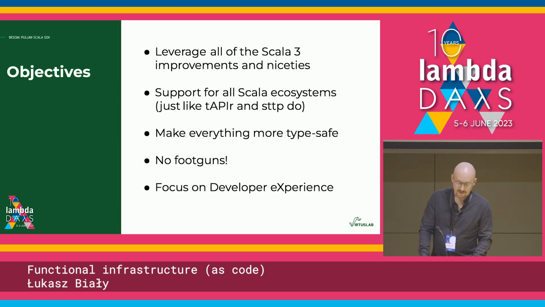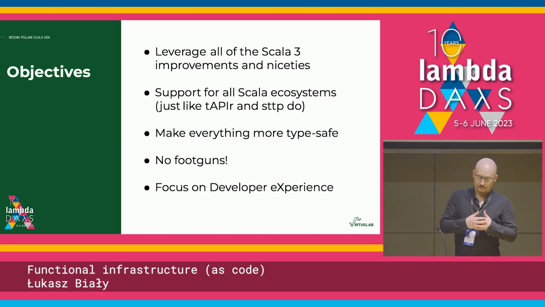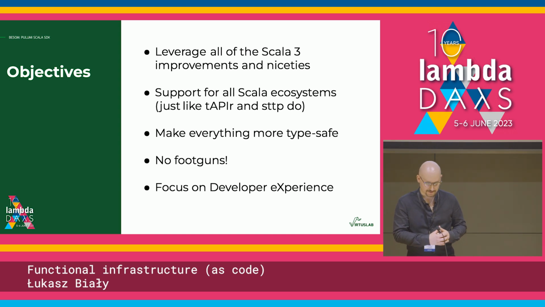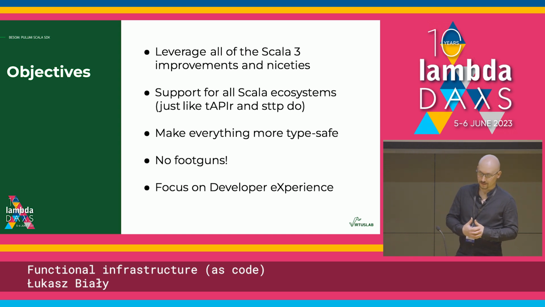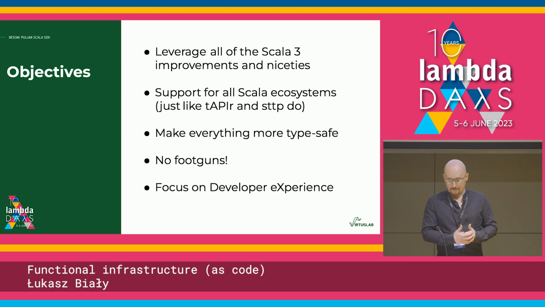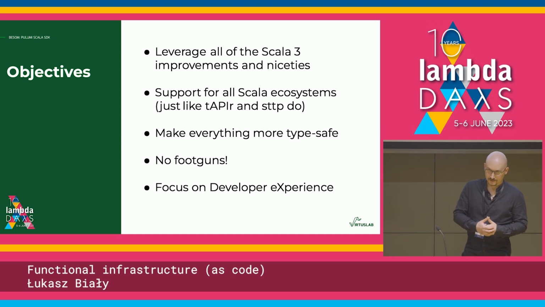What were the objectives of this project? What we wanted to do from the start. The first thing was that we wanted to use Scala 3, because there are lots of improvements and lots of nice features that we wanted to leverage, mostly metaprogramming, but we'll get to that. We also wanted to do what the Software Mill ecosystem does. So we wanted to support all of the Scala ecosystems, as Scala developers are picky, and you have to tend to all of their choices and tastes.